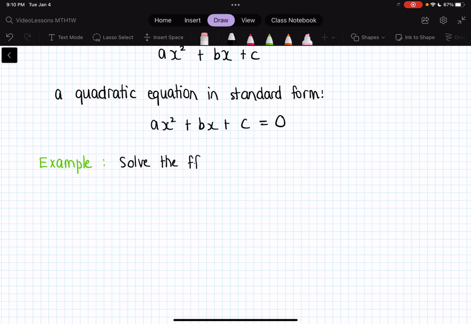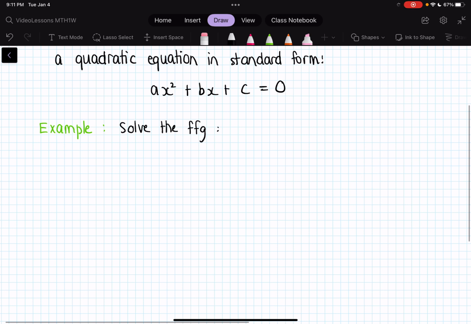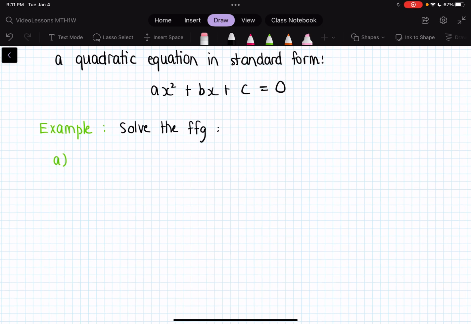And the first one we're going to look at is just a reminder of how to apply our zero factor rule. And you're going to understand why we're doing this.